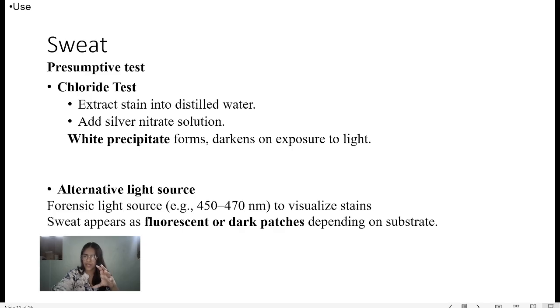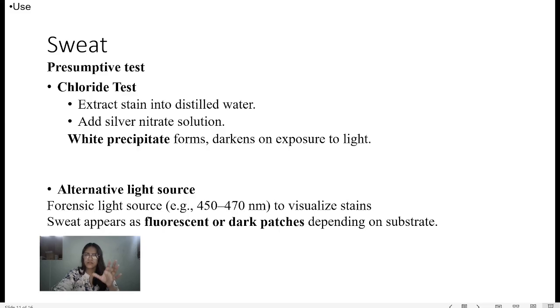After it gets absorbed, we use it in our test. So this is how we extract the sweat sample into the distilled water, and then we just add the silver nitrate solution onto it. We can see a white precipitate forms. This darkens on exposure to light. The white precipitate darkens in the presence of light.